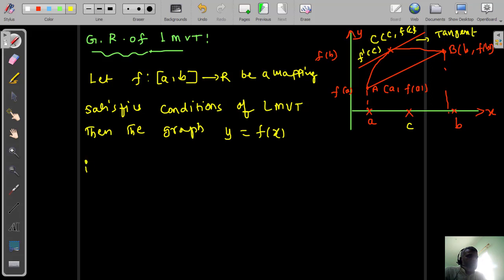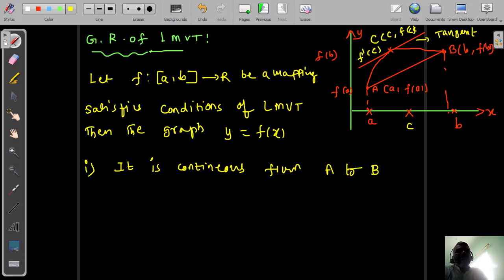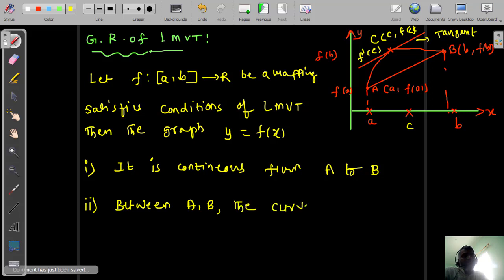The first condition is it is continuous. If you see the figure, it is continuous from the point capital A, a comma f of a, to capital B, b comma f of b. Next, between a comma b, the curve y equal to f of x has a unique tangent.